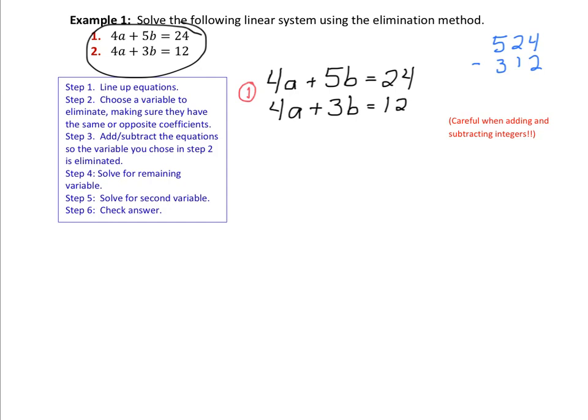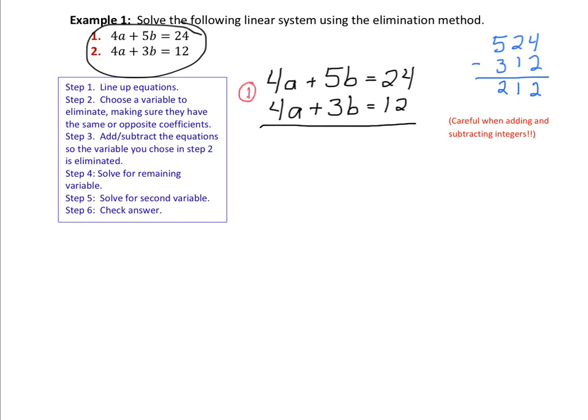And then you can subtract those so that you're subtracting the right column numbers from each other. 4 minus 2 is 2, 2 minus 1 is 1, and 5 minus 3 is 2. So you get 212 as your answer. The same goes over here with our equations.